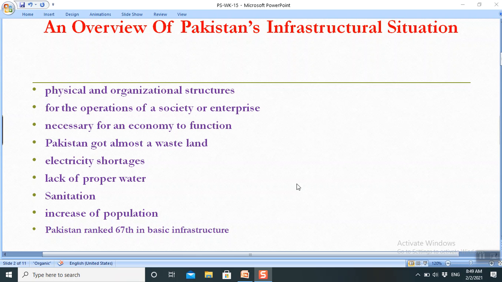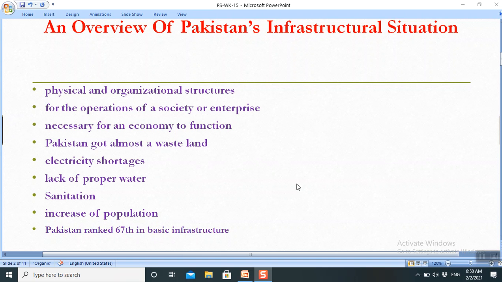Clear? Border disputes, inhabitation and rehabilitation of the people migrating from India to the present Pakistani lands, corruption, lack of educated people, lack of resources.